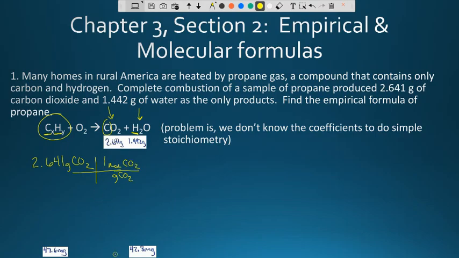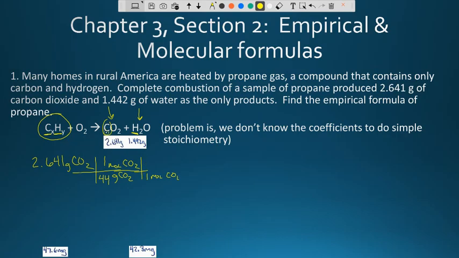Okay, 1 mole of carbon dioxide ended up being, what is that, 44? Yeah, 44 grams of carbon dioxide. Now, within carbon dioxide, this is the tricky part. I'm not focused on the carbon dioxide, but just the carbon in there. So I ask the question, if I have 1 mole of carbon dioxide, how many moles of carbon atoms would I have in there?